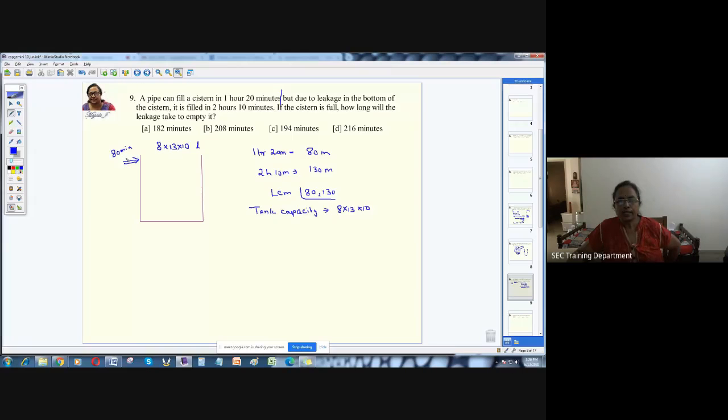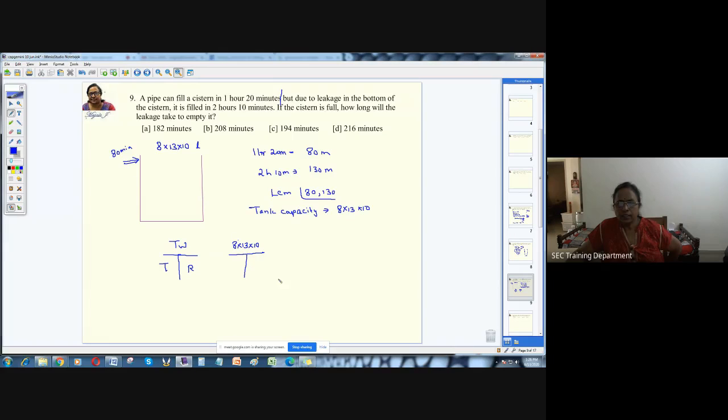So this tank is getting filled in 80 minutes. So every 1 minute, how much will it fill? I always use this T. This is total work, this is time, and this is rate. So when I consider this, the total tank capacity, I have to write it here.